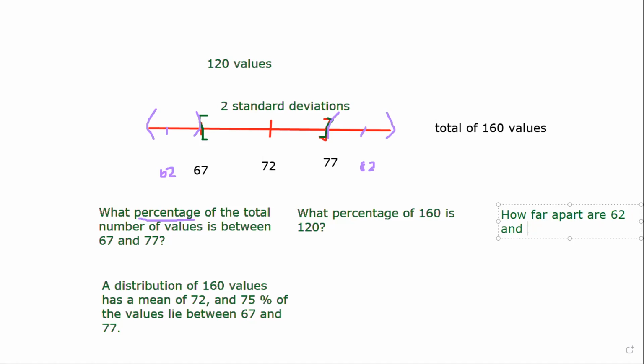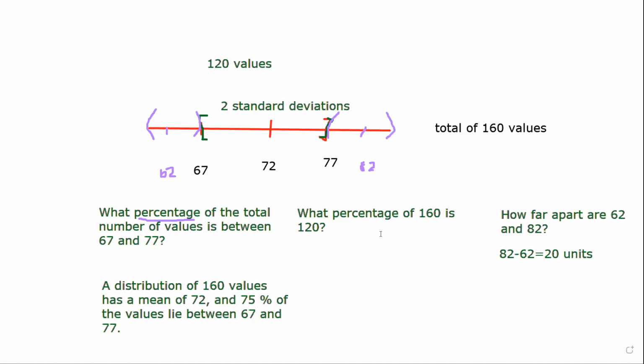Well, that's not a trick question. How far apart are they? They're like in standard deviation. 82 minus, well, let's do this first. 82 minus 62 is how much? 20. We'll call it 20 units, right?